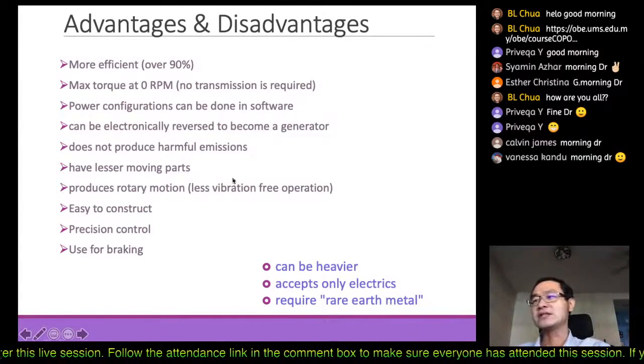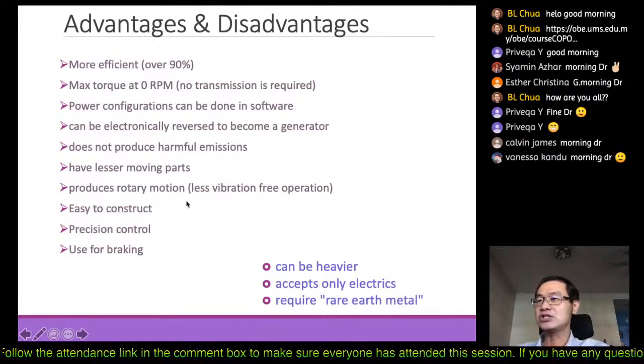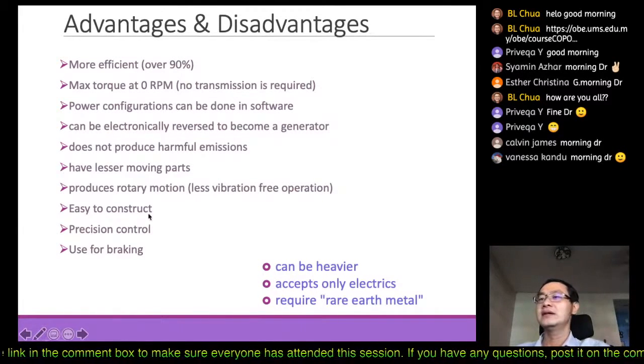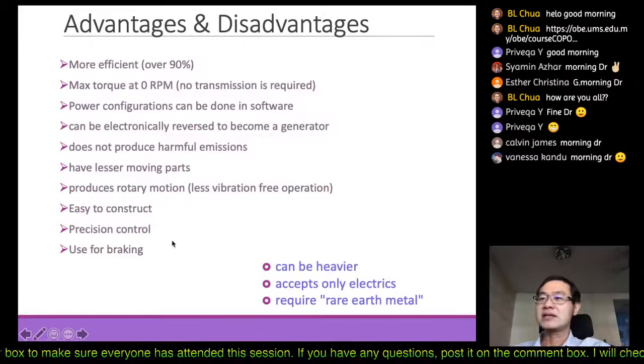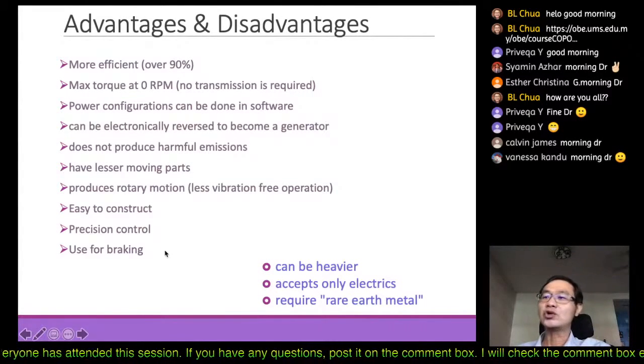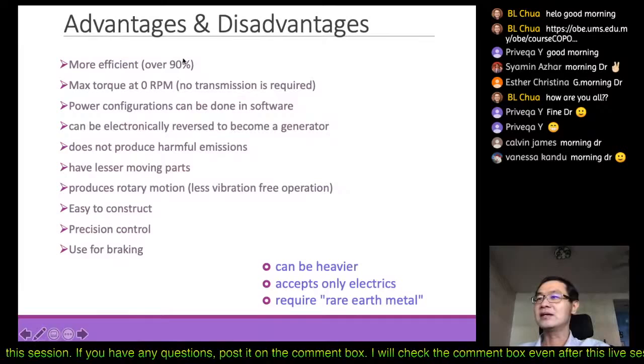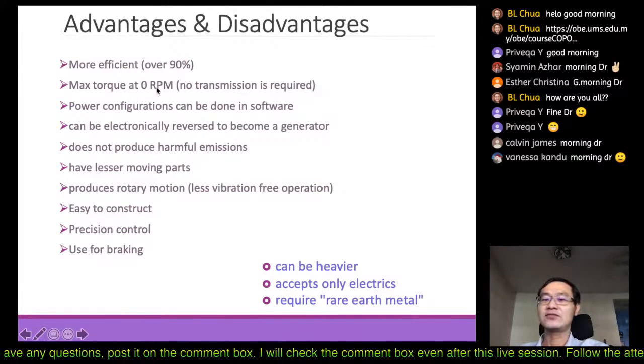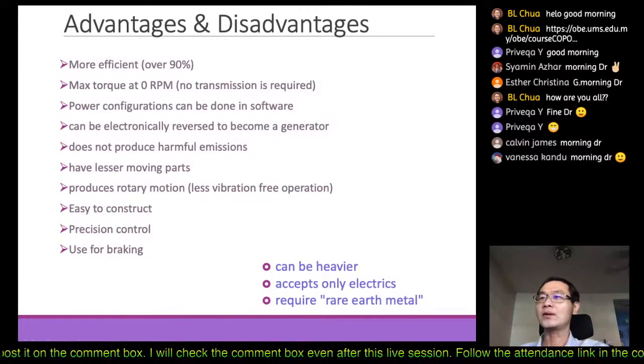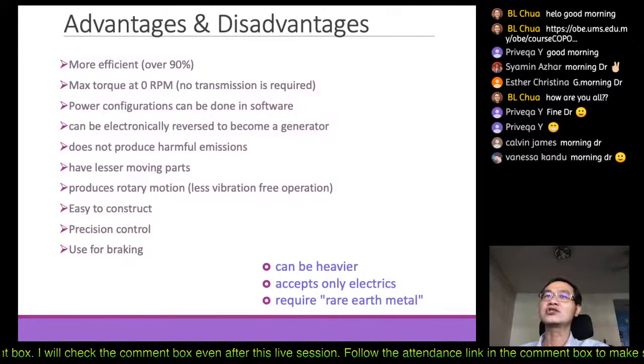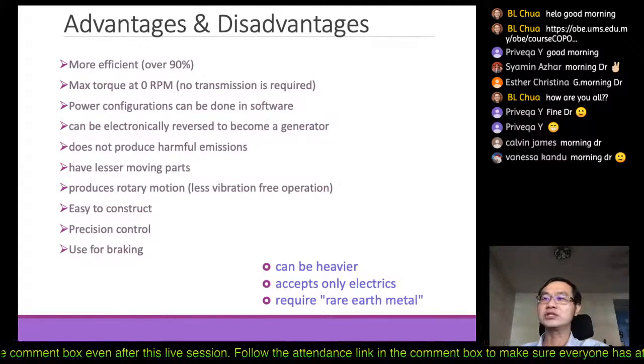They also have fewer moving parts, rotational movement, are easy to construct, and we can precisely control and brake them. As we have mentioned, we can make it stop with a certain torque so that it can hold at that position.